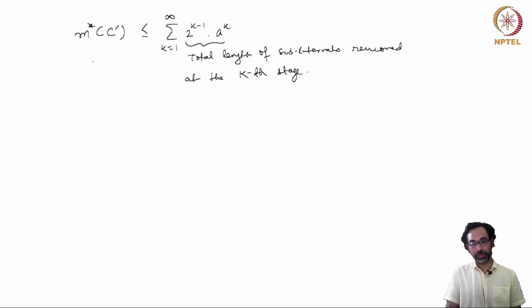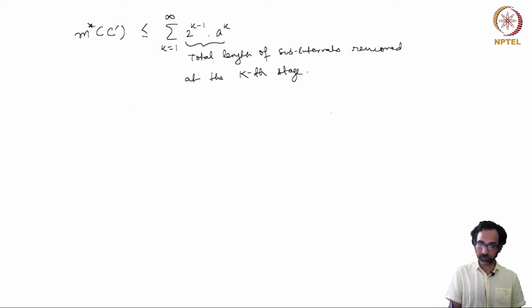Since C prime is the complement of C restricted to [0,1], it is covered by the union of all the removed subintervals, and so the outer measure is bounded above by the sum of the total lengths of subintervals at the kth stage.